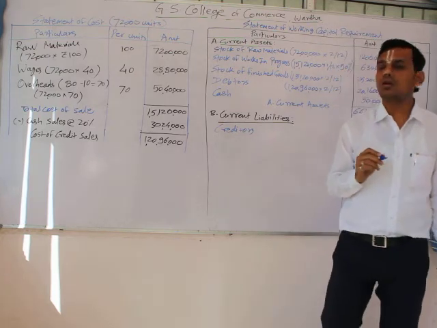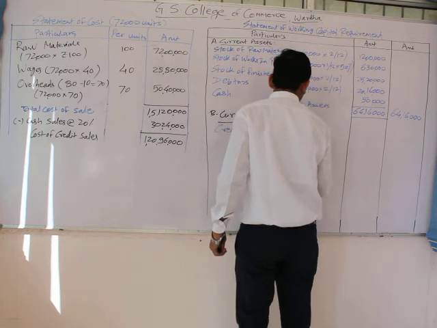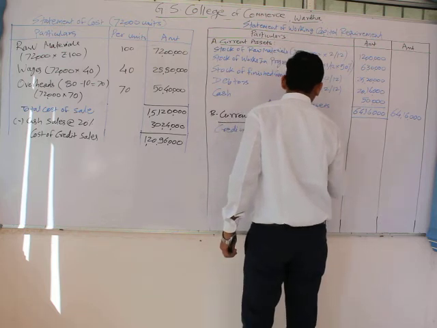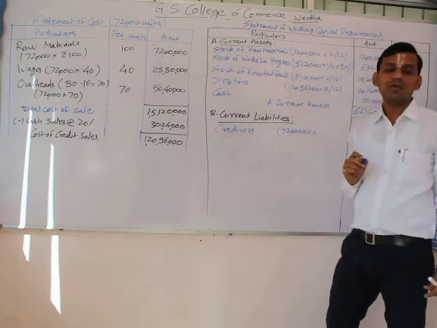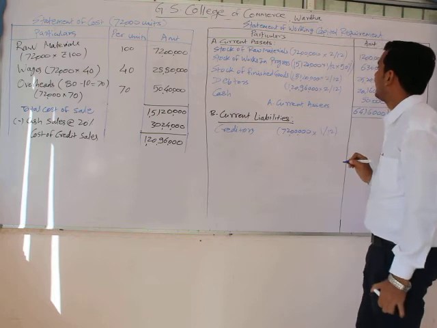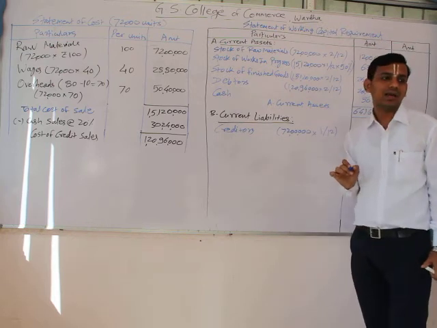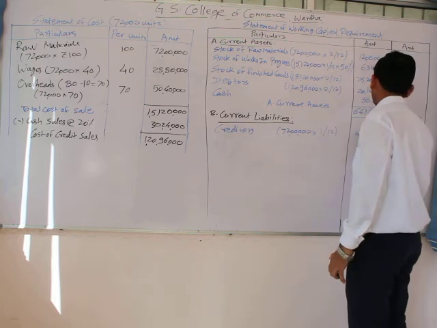With respect to creditors, we have to take the amount of raw material, that would be 72 lakh, into the credit period allowed by our supplier, which was 1 month, into 1 divided by 12. The amount would be 6 lakh.